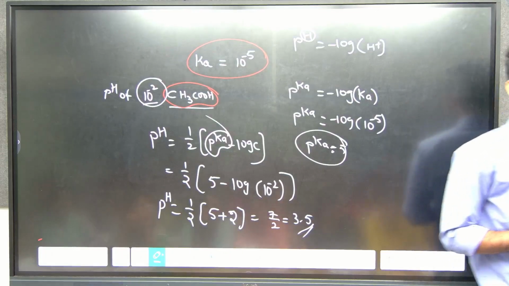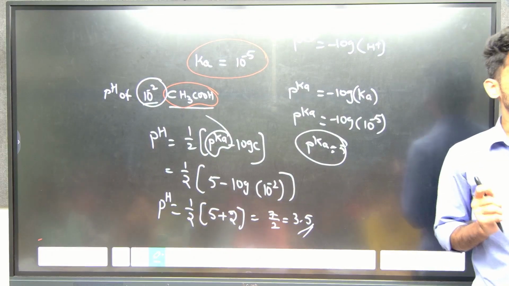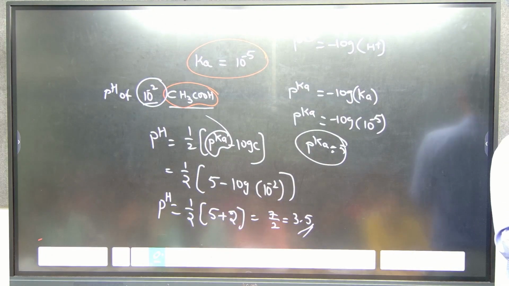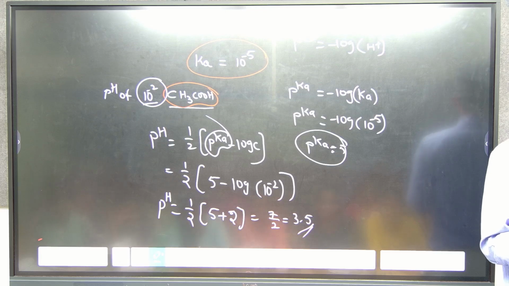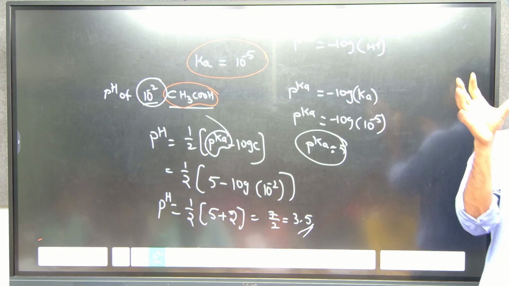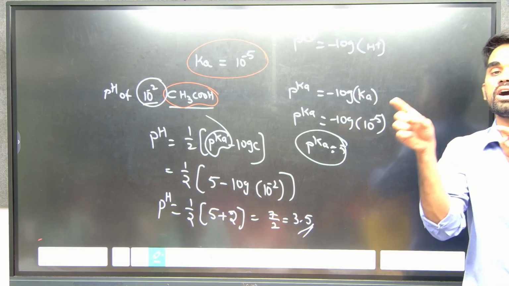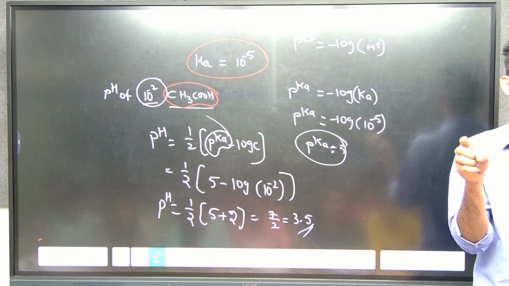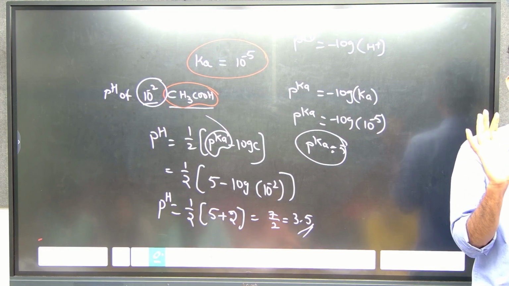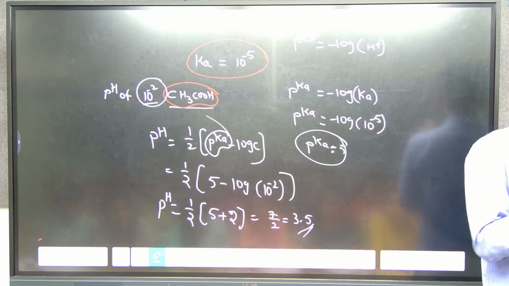You want to write? Yeah, so you can write. Next, what about the salt hydrolysis formulas we discussed? See, if a salt is formed by strong acid plus strong base, like NaCl, what is the pH of that salt solution? Neutral.